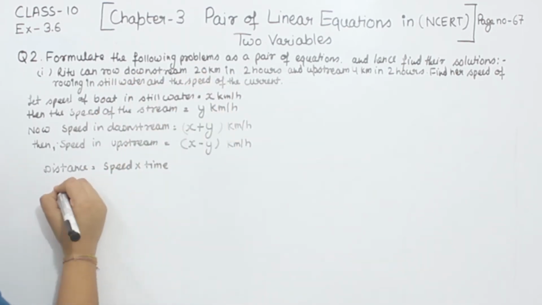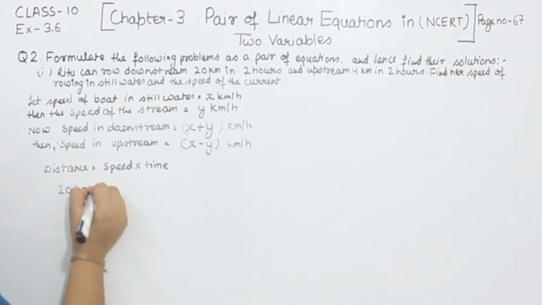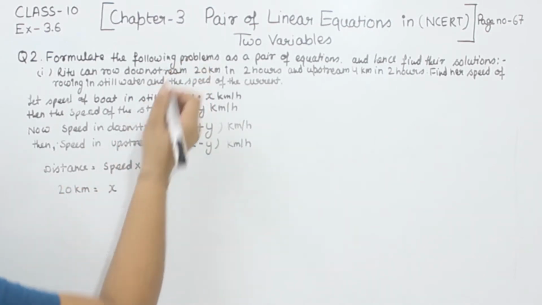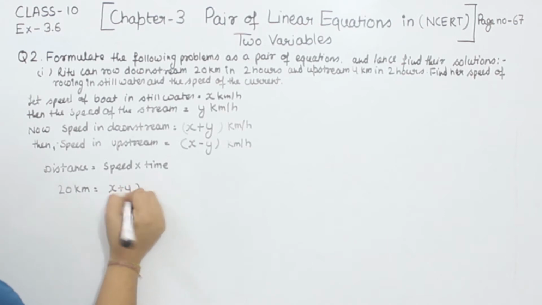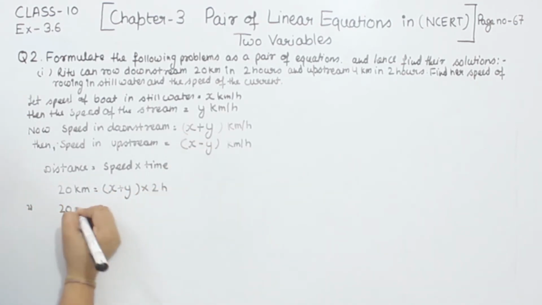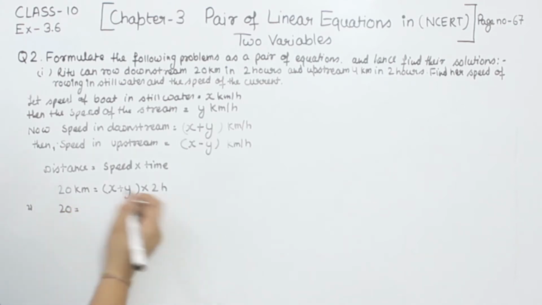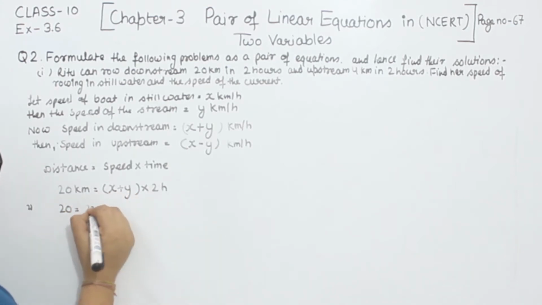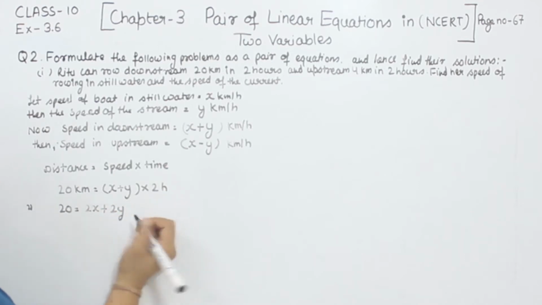Distance is 20 km, speed in the downstream is x plus y, multiplied by the time of 2 hours. So the equation we are having is 20 is equal to 2x plus 2y. This is equation number 1.